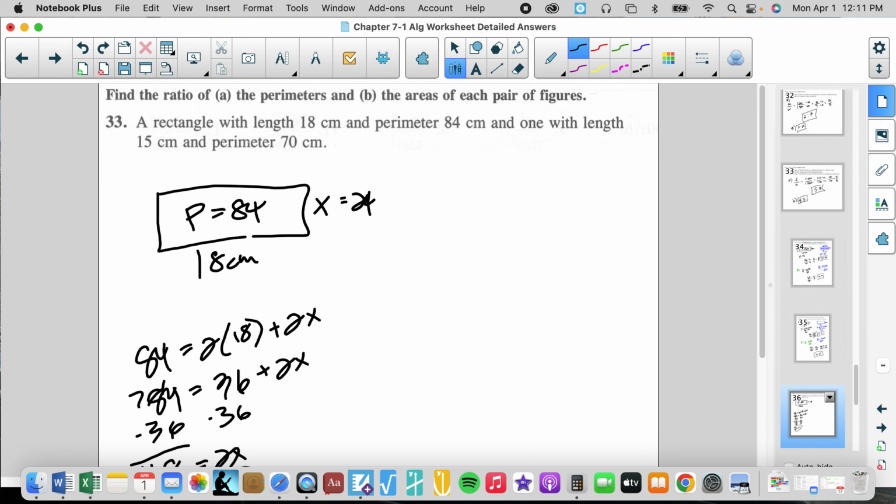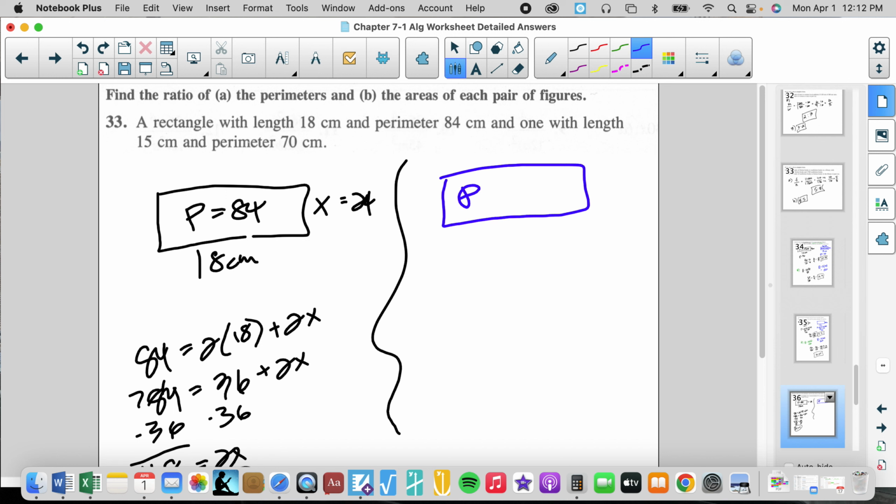centimeters, and one with a length of 15 and a perimeter of 70. All right, so we're going to do perimeters. They already gave us it, but we would have to find it for an area. So let's keep going. Perimeter of 70, 15 centimeters.